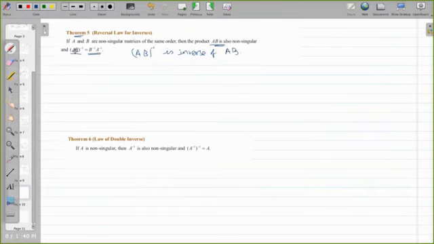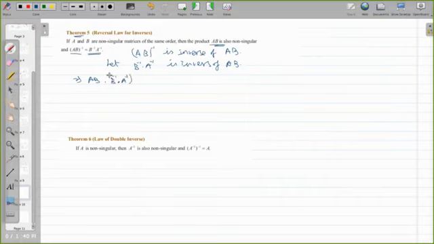Let us consider that B inverse into A inverse is the inverse of AB. If I prove that, it is enough. So I will write AB into B inverse into A inverse. If I prove this is equal to I, I have proved this.